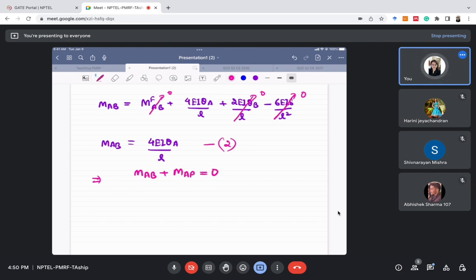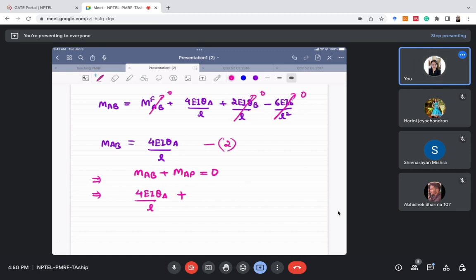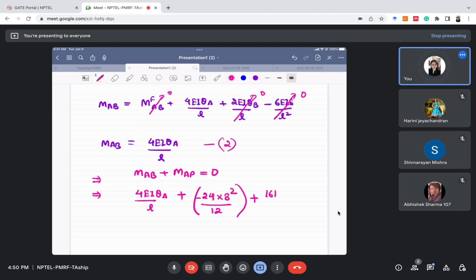MAB is 4EI theta A over L, and MAP is minus WL square by 12, that is 24 times 8 square divided by 12, plus 16 EI theta A by 8.